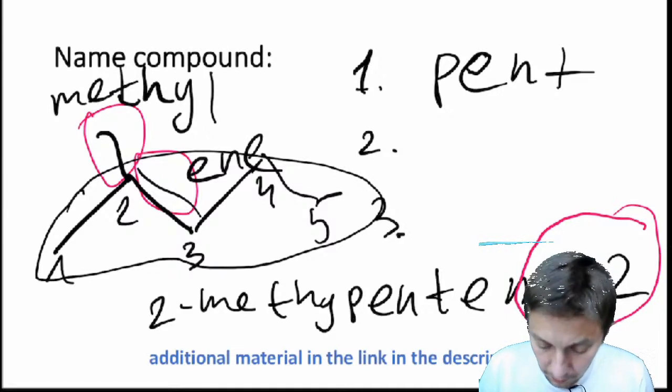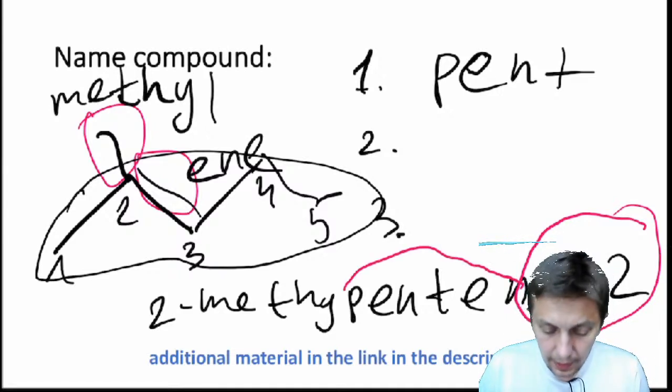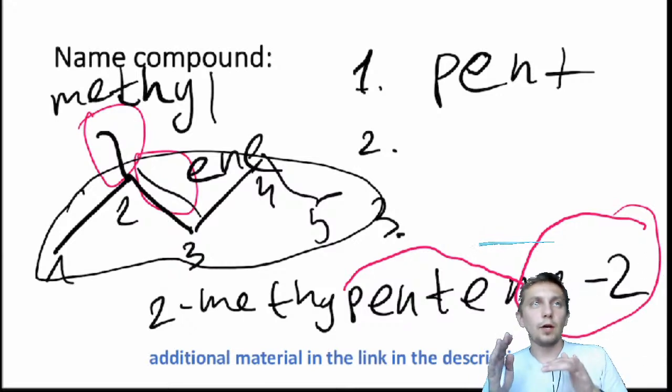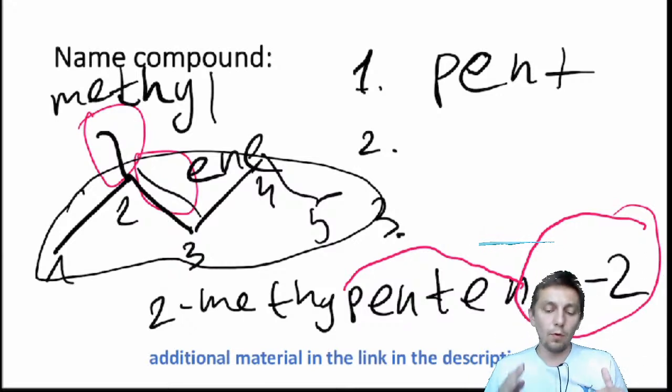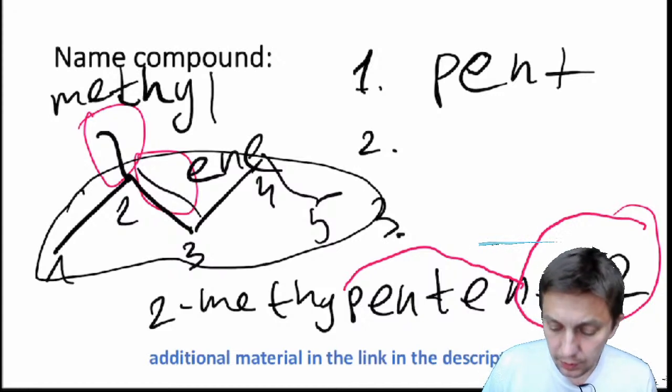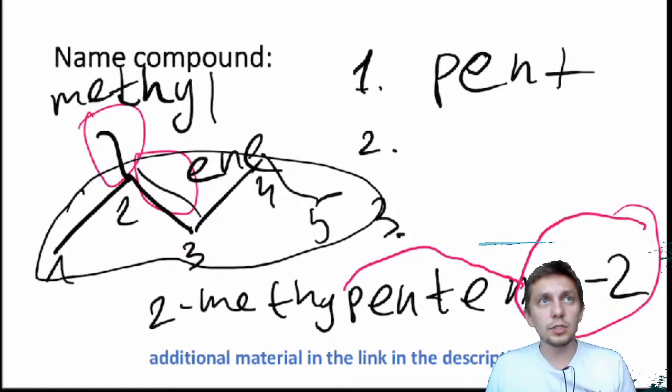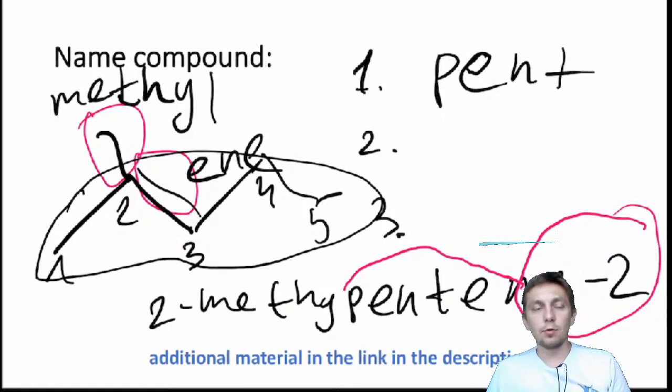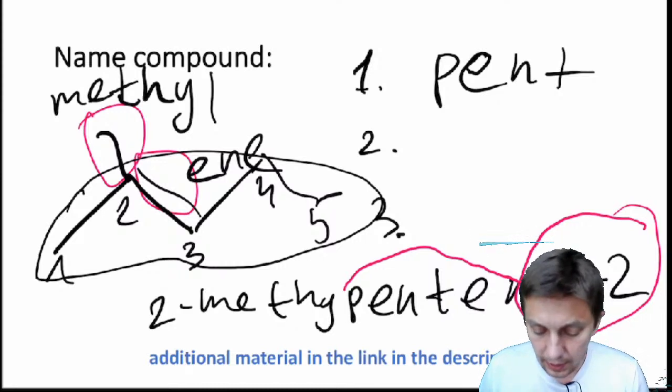Then we have the order: pent, and in front of the root we have all other functional groups. So not all functional groups we put in front of the root. We put in front of the root all groups except the highest order groups. In this case the highest order group is the double bond, -ene.